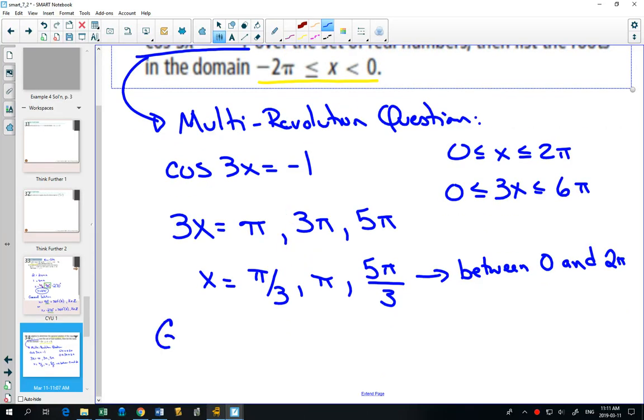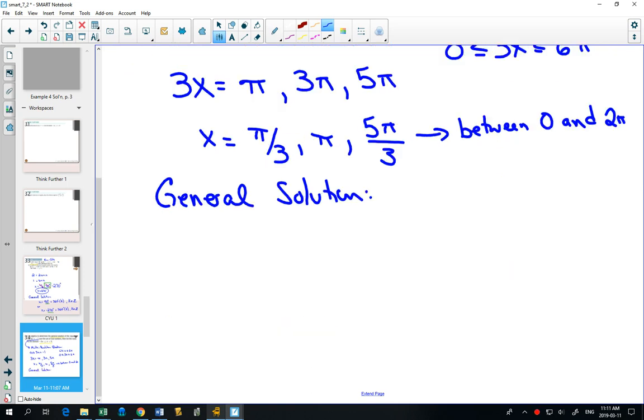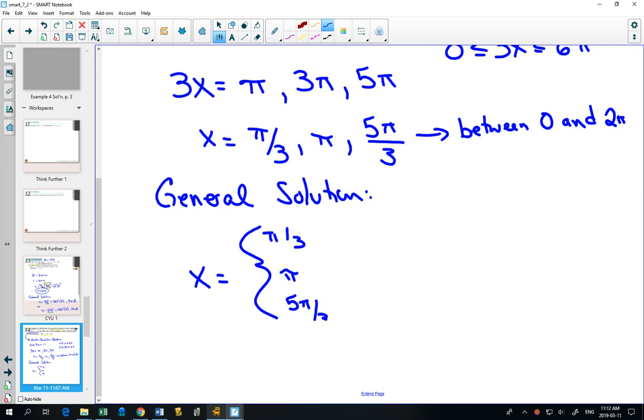Okay? So let's do that first. To find the general solution, we would take all of our answers, pi over 3, pi, and 5 pi over 3.